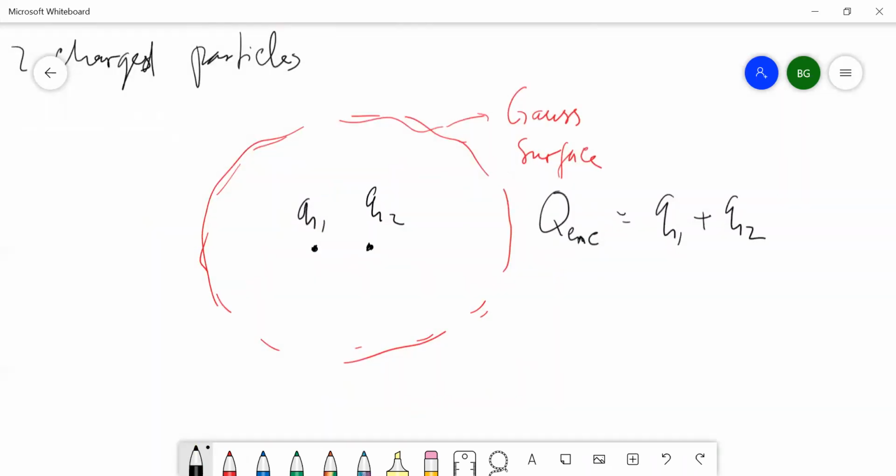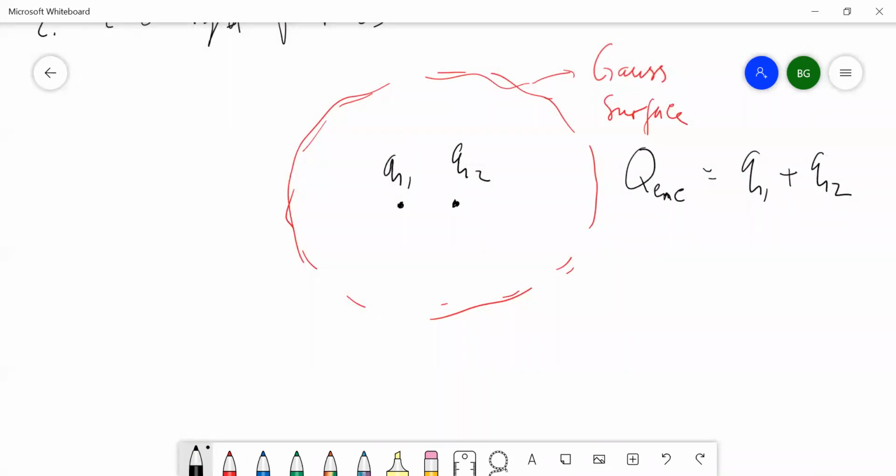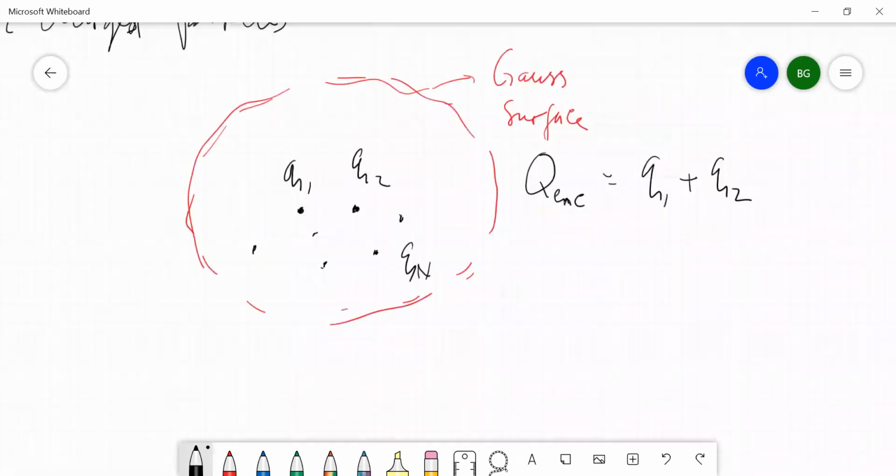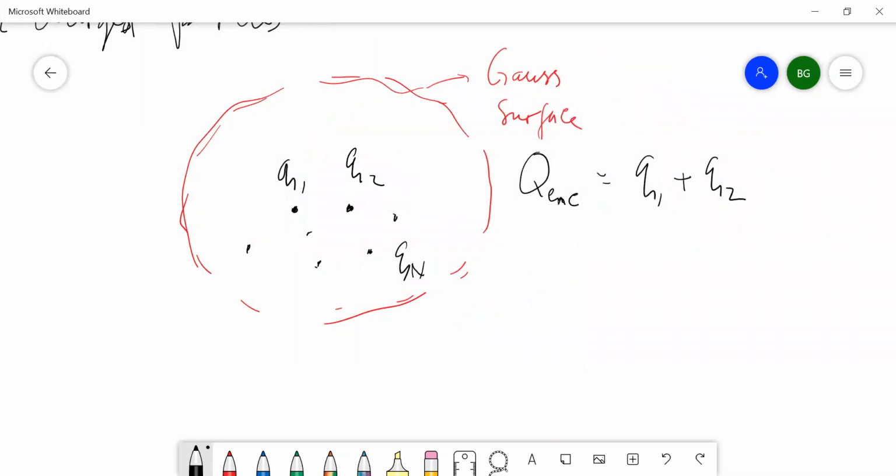If you have many charges, everything until Qn, this Gauss surface still covers n charges.